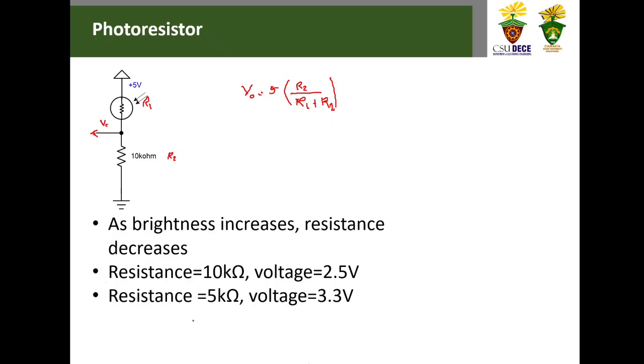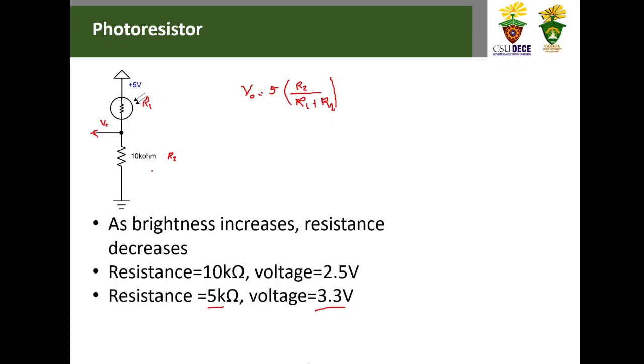And as we increase the brightness, the resistance now decreases. Substituting that, we have 5 times 10 kilo ohms over 5 plus 10 kilo ohms, and the voltage that would go to our microcontroller is 3.3 volts. So that's how we measure the brightness using a photoresistor. That is an example of how the resistive sensor works.